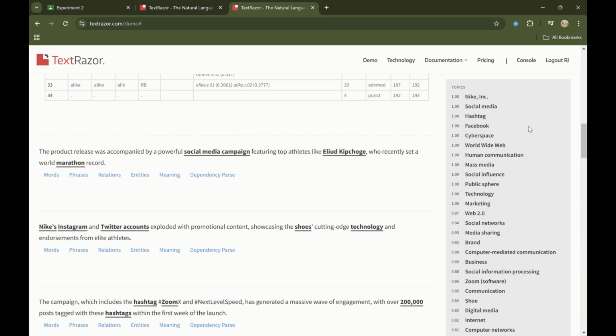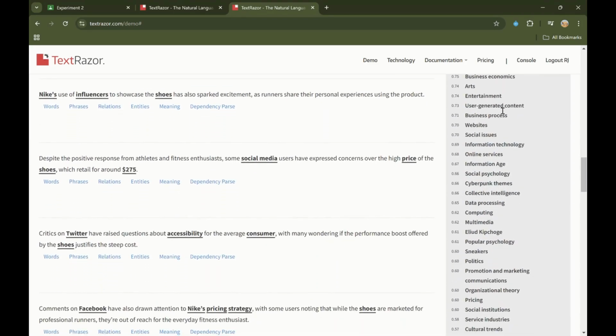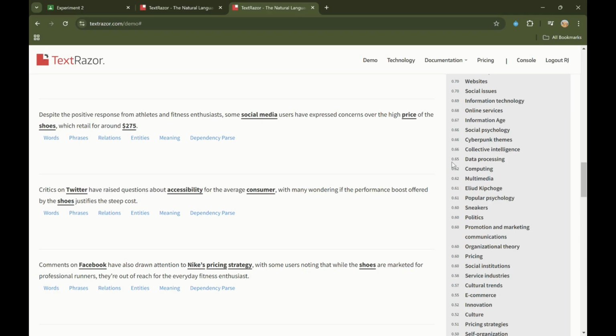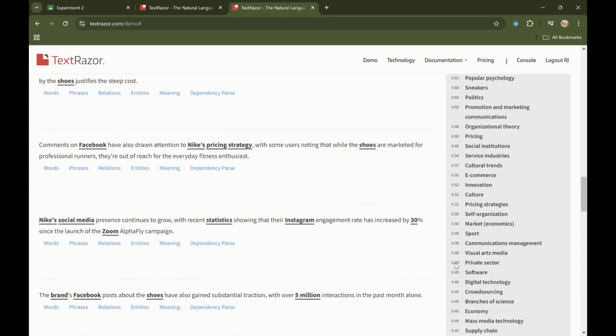Secondly, it is a social media feedback or a review text. And then as we move further down, it allots lesser and lesser probabilities, which shows that the ones that are given 1 are much more relevant to the particular paragraph than the other topics.